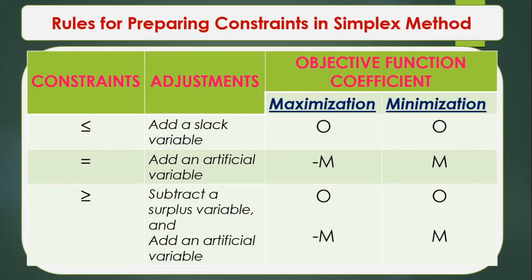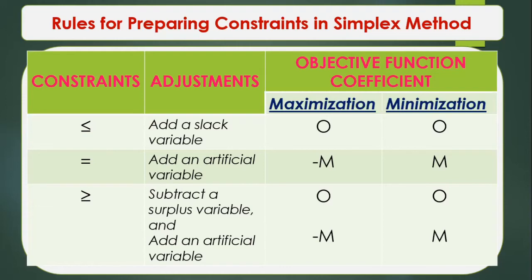And based on objective function coefficient, if it's a maximization problem, we need to make use of negative M. And for minimization, that would be positive M. And lastly, for the greater than or equal to constraint, we need to subtract a surplus variable and add an artificial variable. If we subtract a surplus variable for maximization and minimization, that's positive 0. And if we add an artificial variable, that's going to be a negative M for maximization and a positive M for minimization.